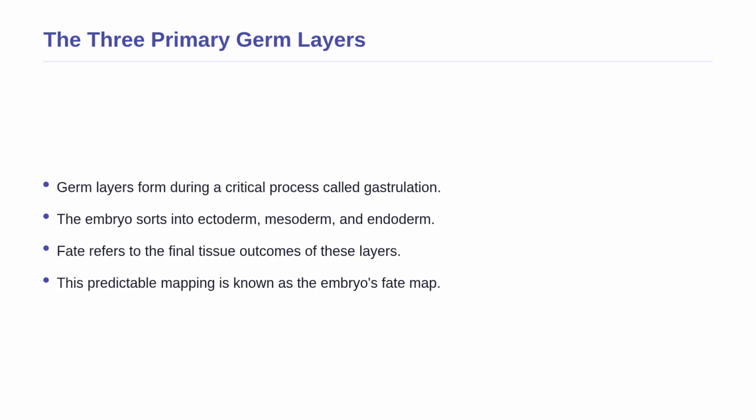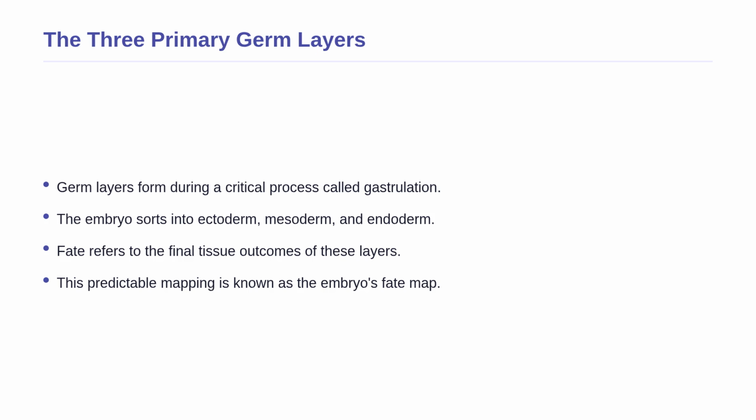Now that we understand the blueprint analogy, let us look at the formal biological process. The fate of germ layers refers to the specific developmental pathways and final tissue outcomes of the cell layers formed during a process called gastrulation. During gastrulation, the embryo transforms from a simple ball of cells into a multi-layered structure.